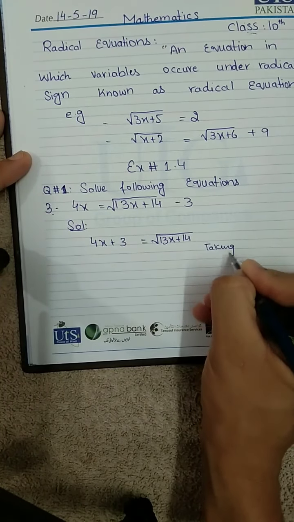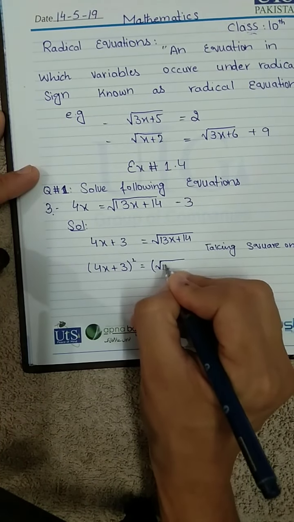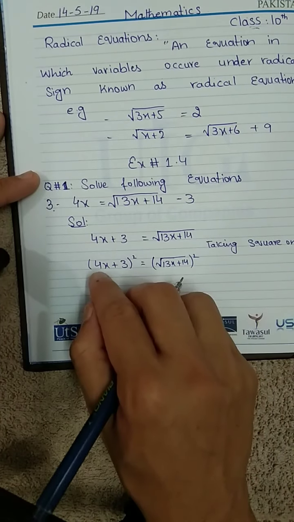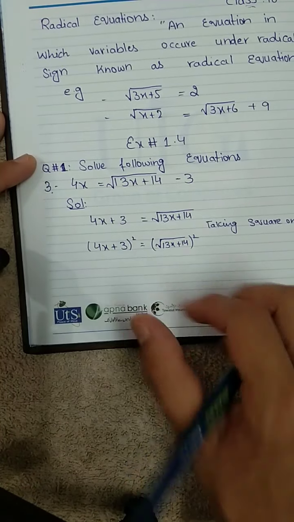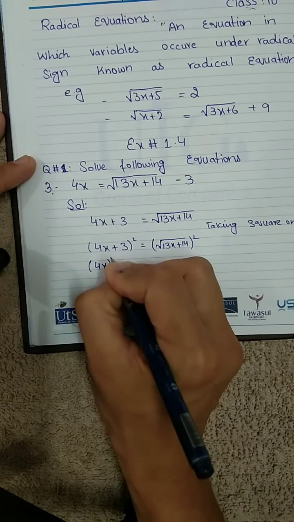What I got? (4x plus 3) whole square is equal to (13x plus 14) whole square. Here I have (a plus b) whole square is equal to a square plus b square plus 2ab. The square root will be cancelled, you have left 13x plus 14.